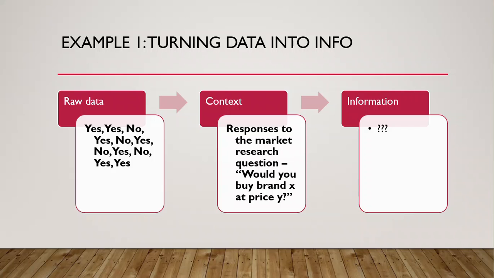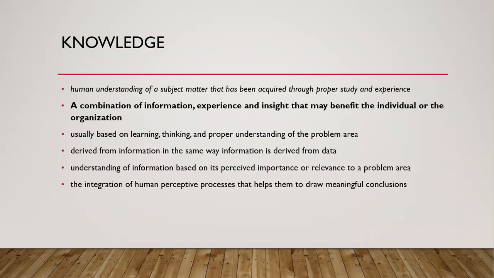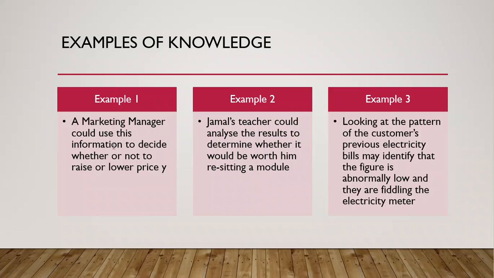Based on the raw data, yes, yes, no, yes, and so on, given the context that these are the responses to the market research, what kind of information can be derived? Maybe the marketing manager can calculate how many responses are yes and how many are no. If the responses of yes are more than the responses of no, then the marketing manager can derive certain conclusions.